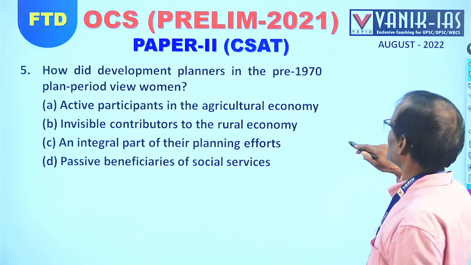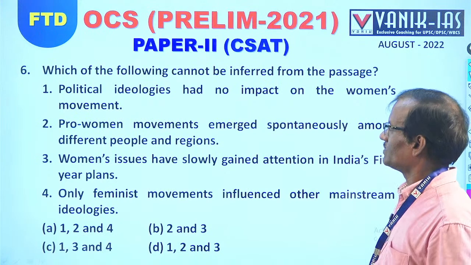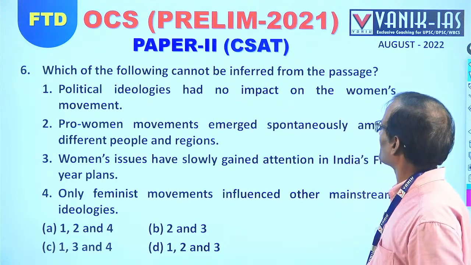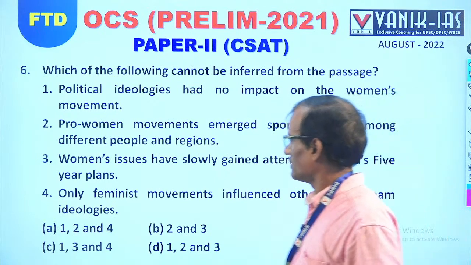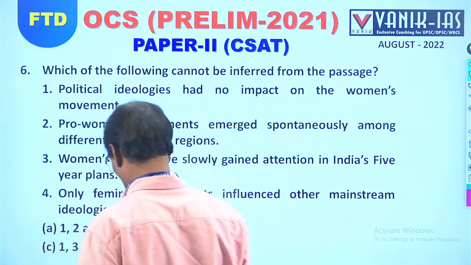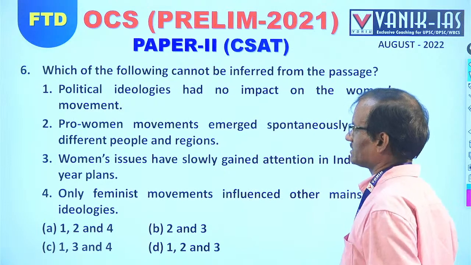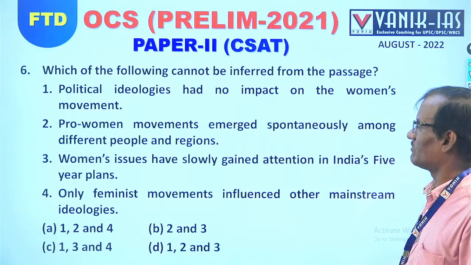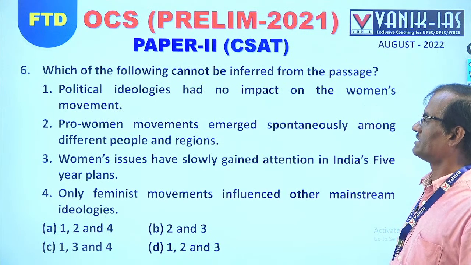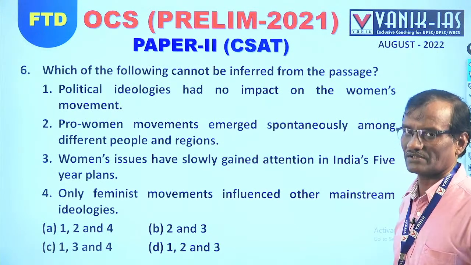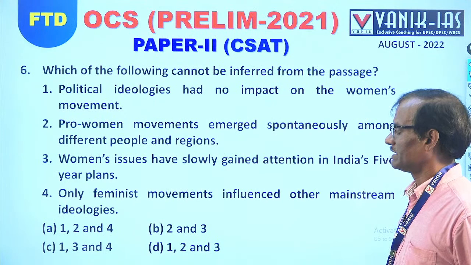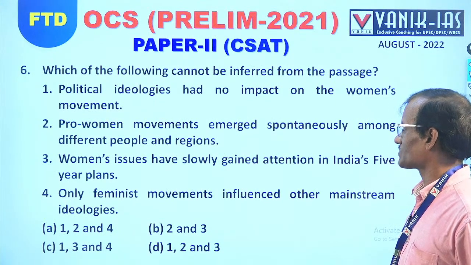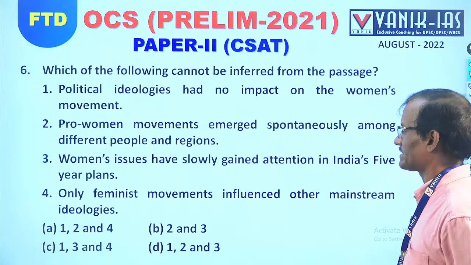Next question. Which of the following cannot be inferred from the passage? Political movement that can be inferred. Pro-women movement emerged spontaneously among different people and regions. Yes, that is best provided in the passage. Women issues have slowly gained attention in India's 5-year plan.